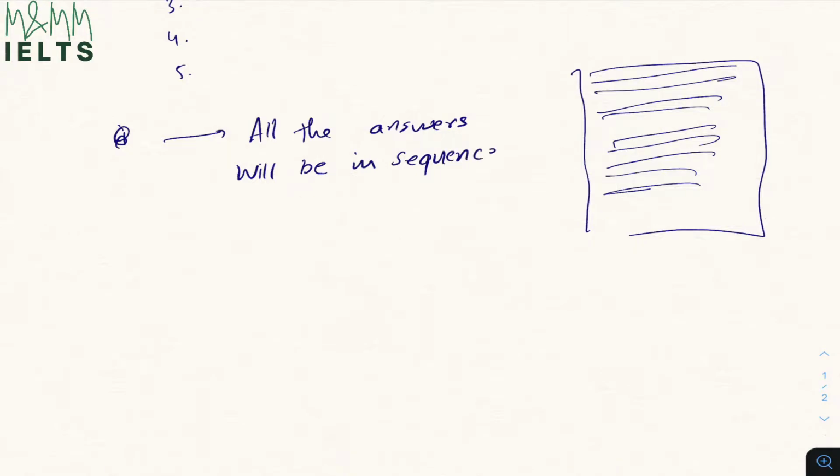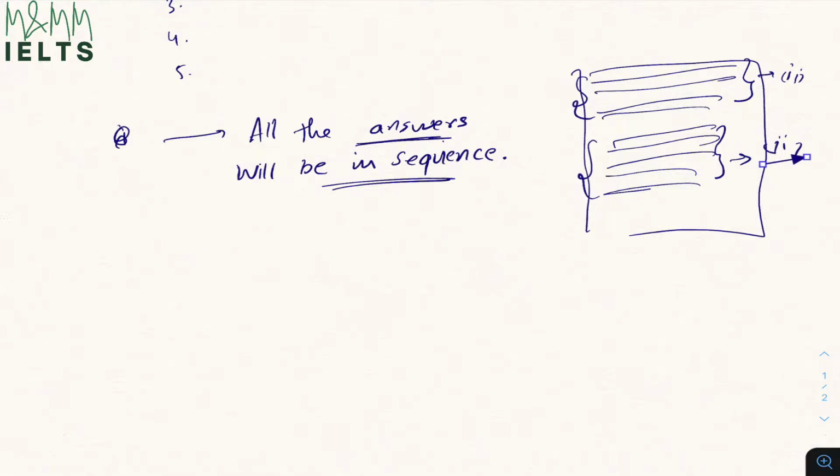So that's another topic from the reading module where the answers come in sequence. That means if we find the answer for question number 1 in the first paragraph, the answer for question number 2 is definitely going to be in the second paragraph. It won't be like the second answer is coming first and then the first answer and so on. So they always come in sequence.